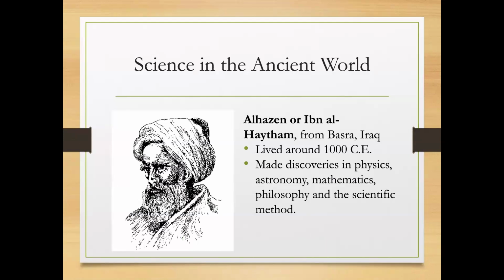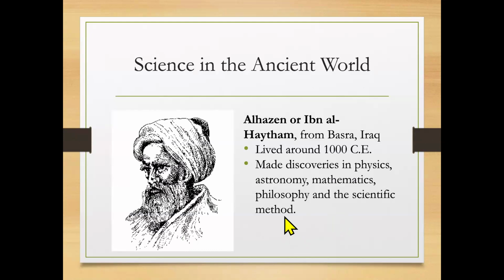All right, now there was plenty of science happening in the ancient world all over the globe. For thousands of years, people have been pondering the mysteries, figuring out math, doing philosophical thinking, and making discoveries in physics and astronomy.